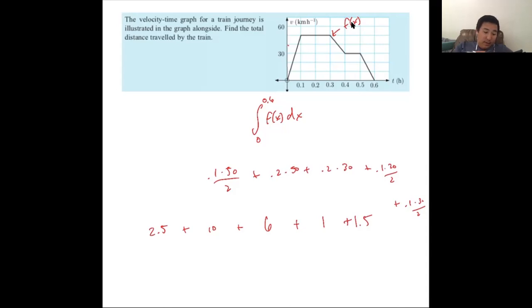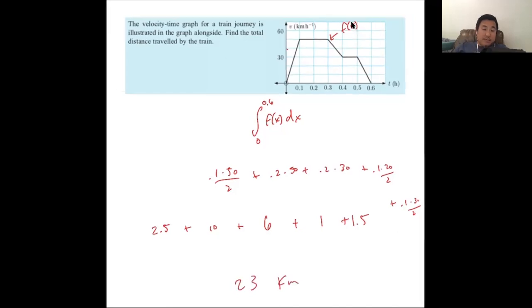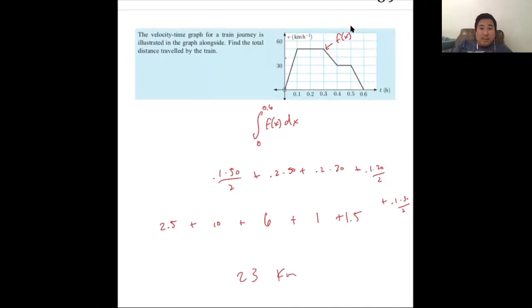So 18, 19, 20, 21, 22, 23, 23 kilometers. I think this one is 4. So this was the first region. Second region, 0.2 times 3, 6.